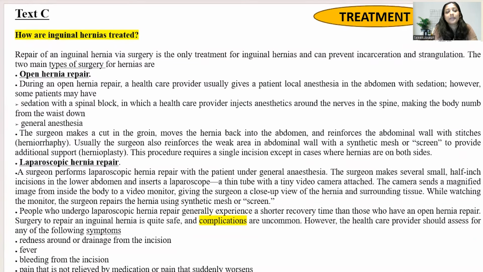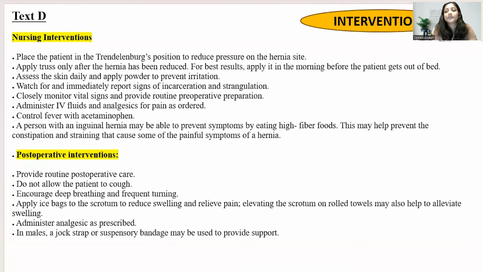Okay. Text D. Intervention and precaution. As in surgery, you can mention that also, no issues. Okay. Text D, nursing interventions, post-operative interventions. So commonly, you can just mention interventions. Okay. So this is the sequence of this particular text.